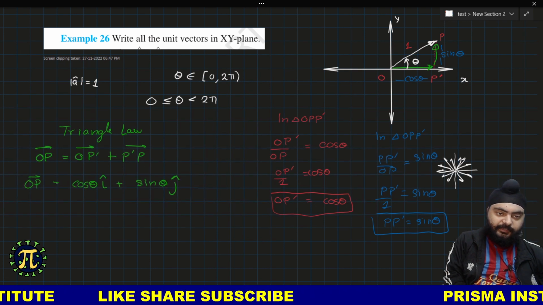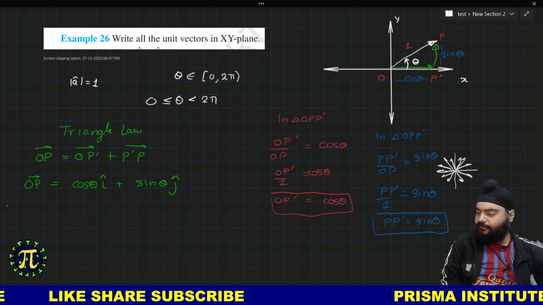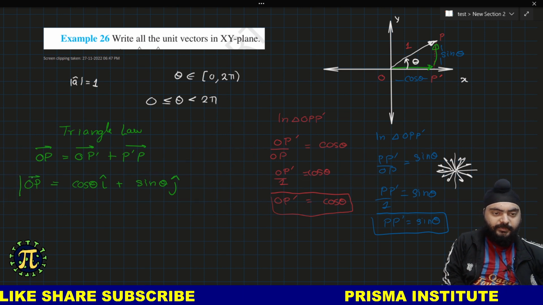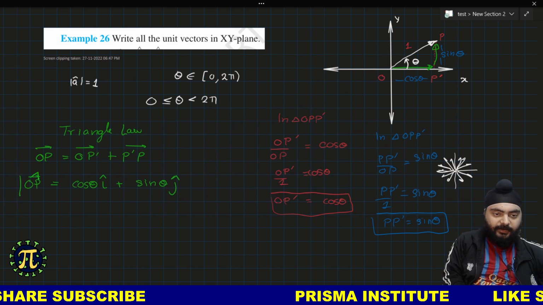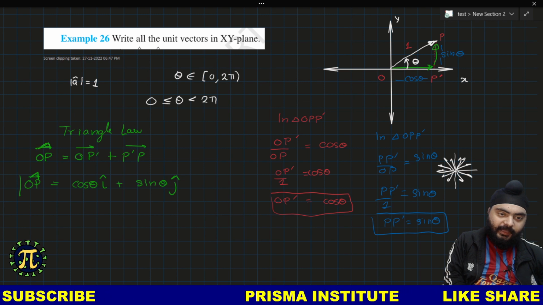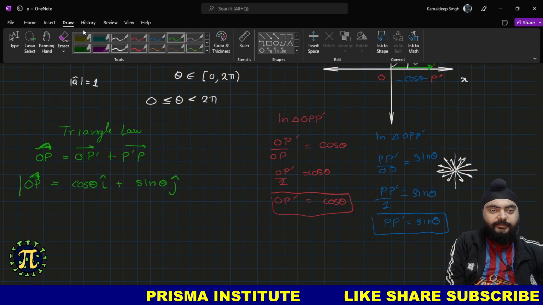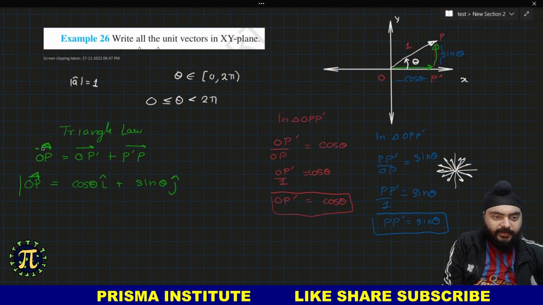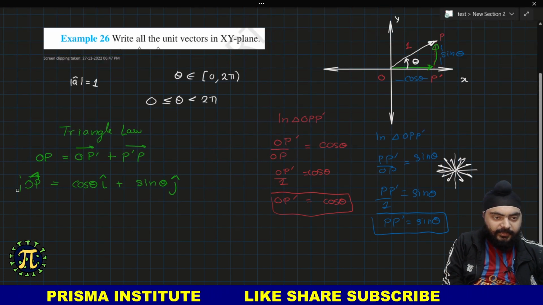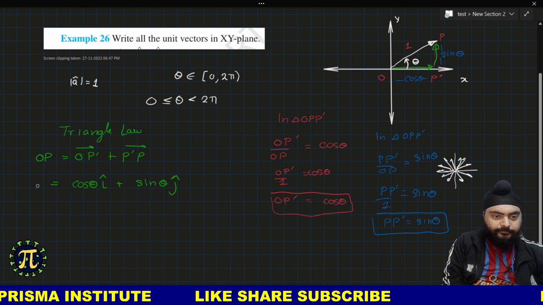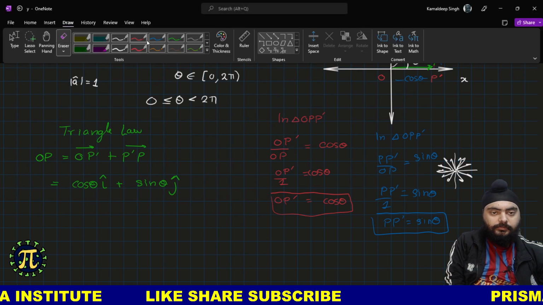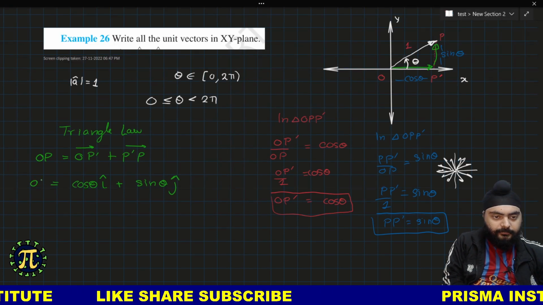So any unit vector in, so this is my let's say OP cap, and why I'm calling this OP cap, because this is a unit vector. Let me erase this and write it clearly. इसको हटा देते हैं. OP cap.